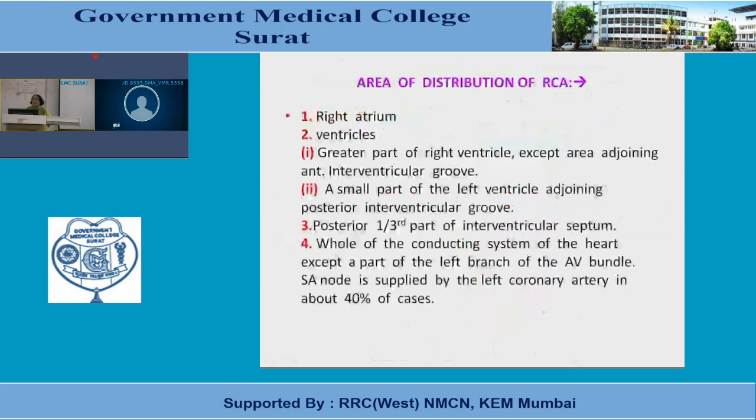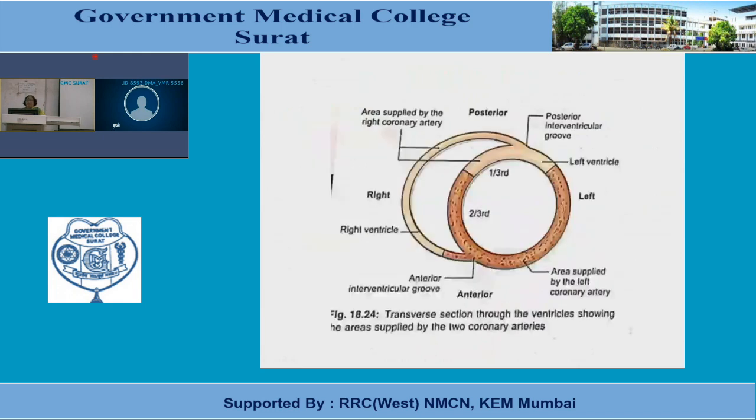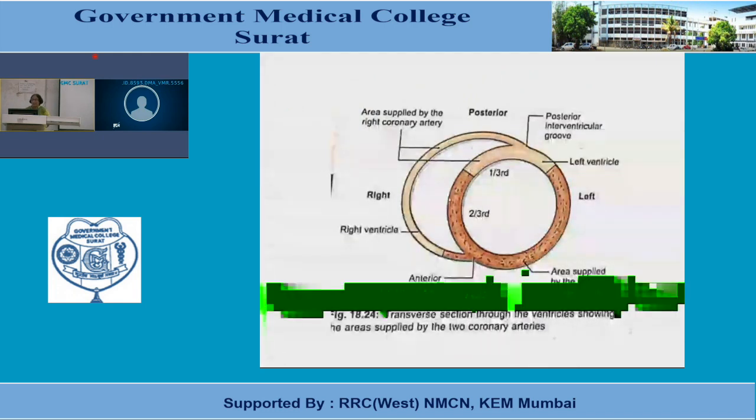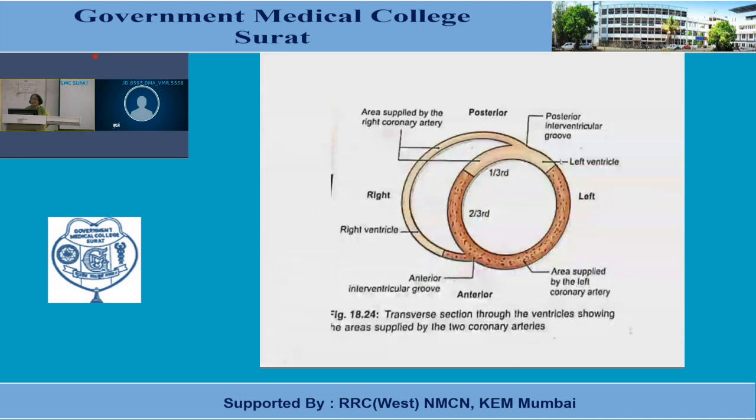Now the area of distribution of the right coronary artery. Before going into detail, I will show you the diagram. You can see the transverse section through the ventricles showing the areas supplied by the two coronary arteries. We can see here the right ventricle and the left ventricle, indicating right side and left side.